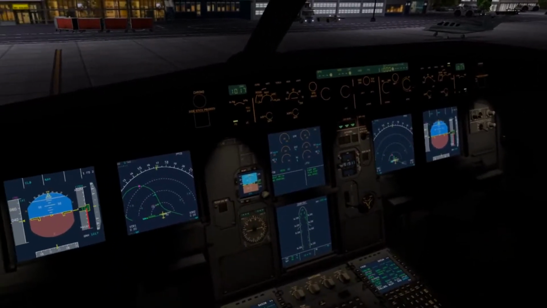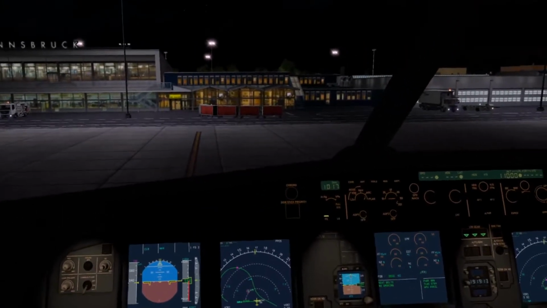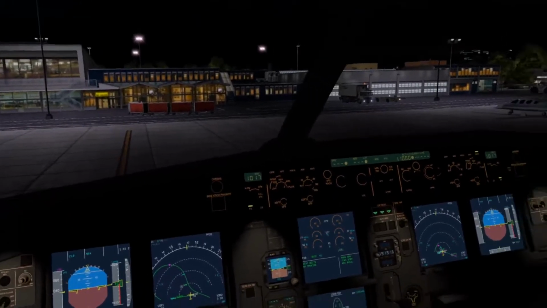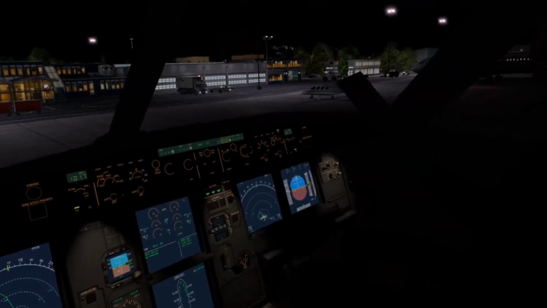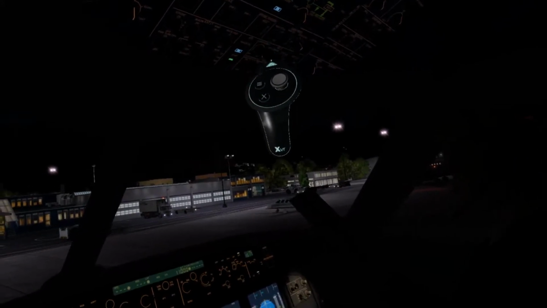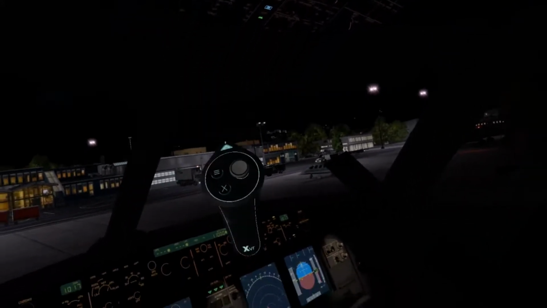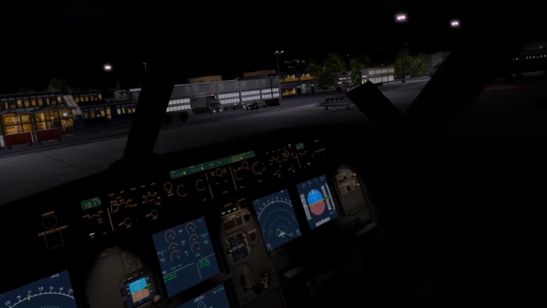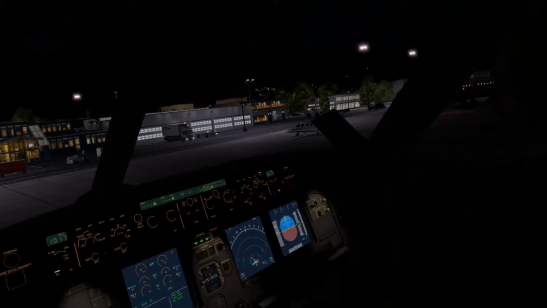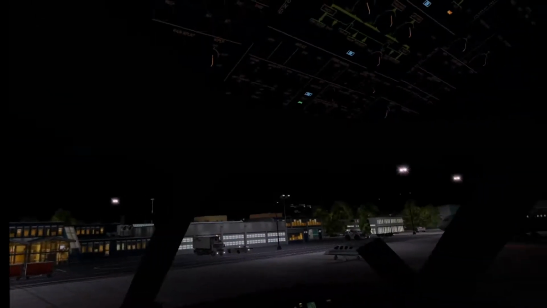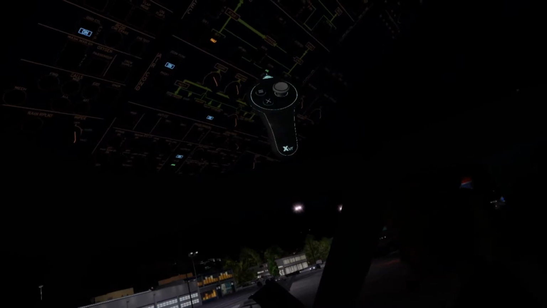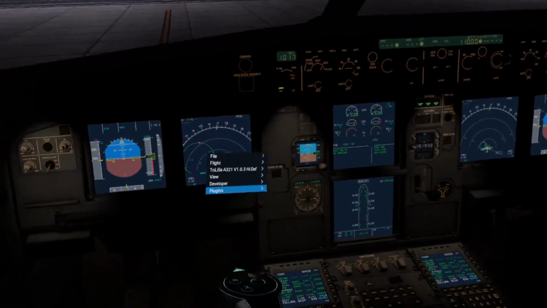Since I have the co-pilot as well, we're going to do the before start checklist now. Before start checklist. Cockpit preparation. Completed. Let me check. Completed.